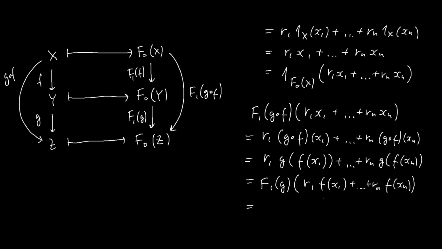And then we take the F out, and we just think about this expression here, and that is the same as F1 of F, that linear map, applied to our linear combination.